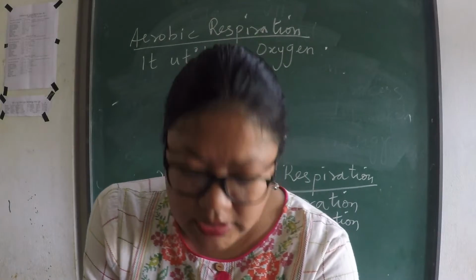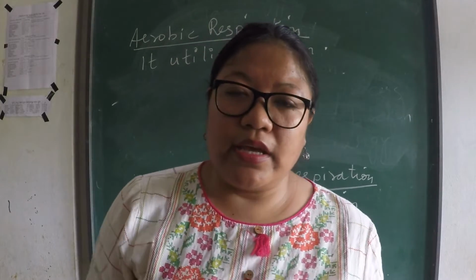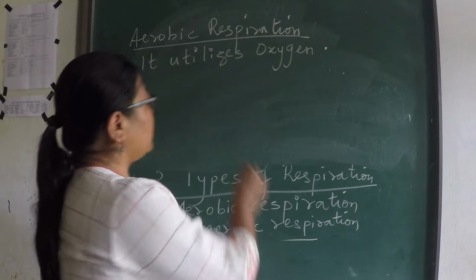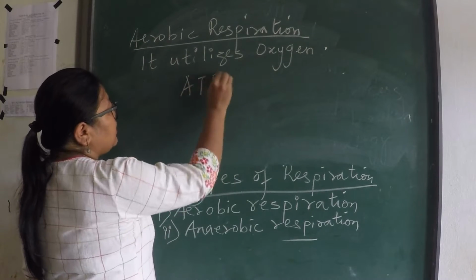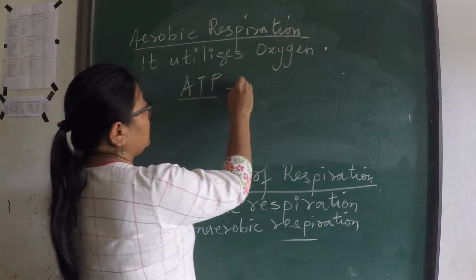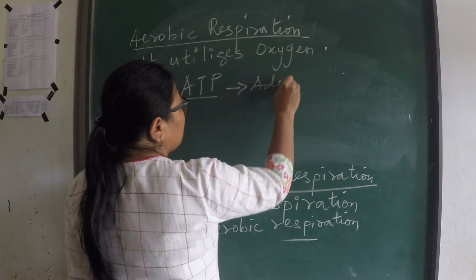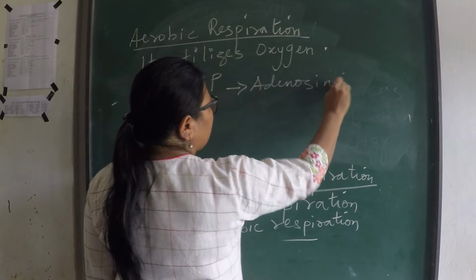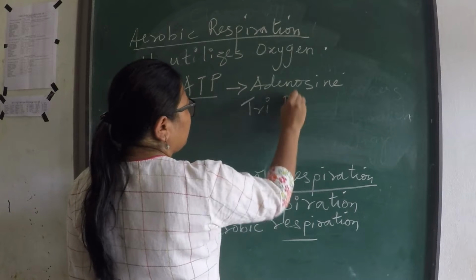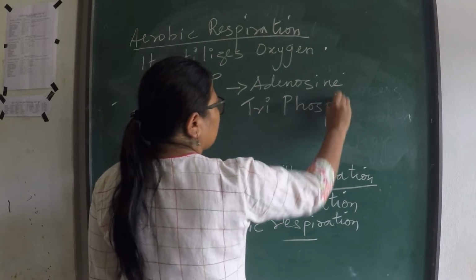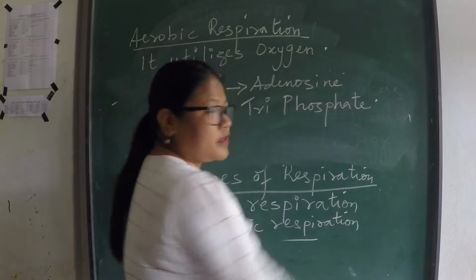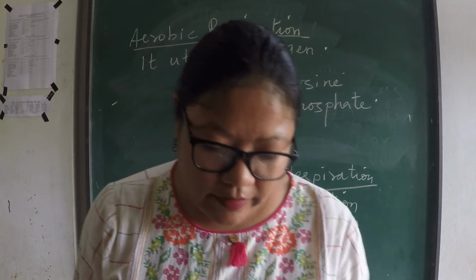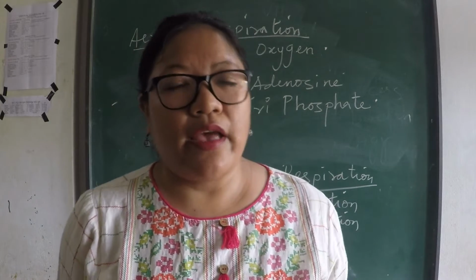The energy that is not being used by the plant is stored in the cells of the plants in the form of ATP. Its full form is adenosine triphosphate.